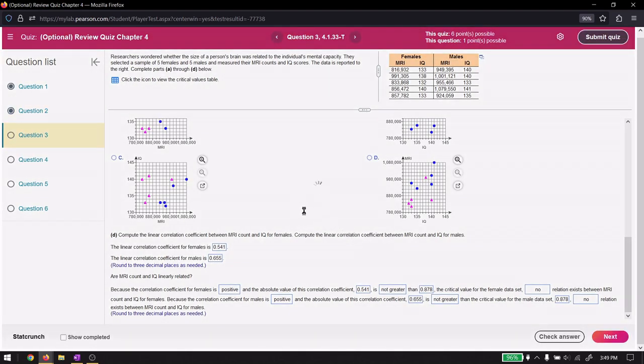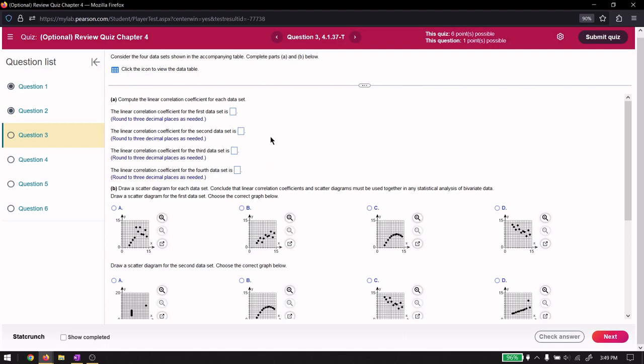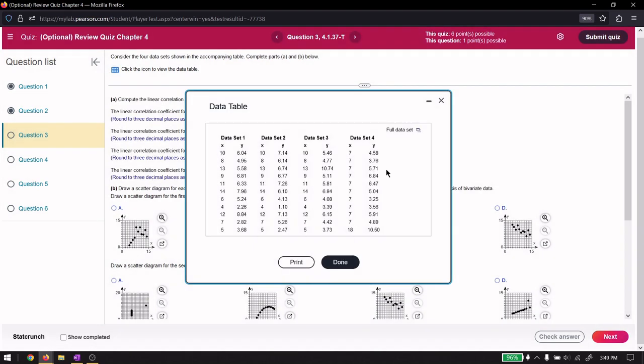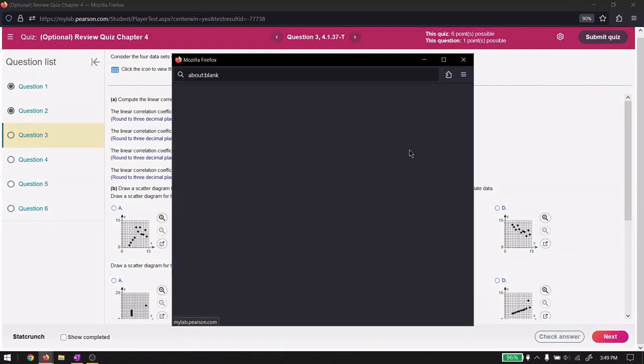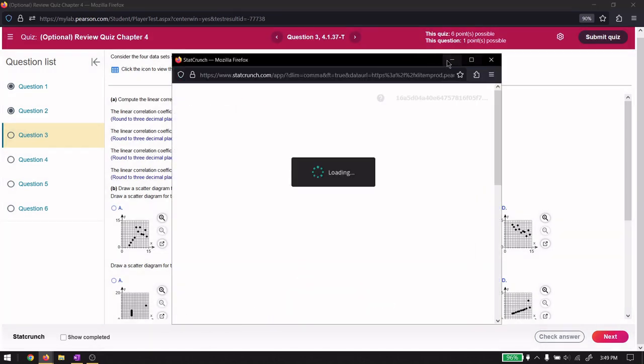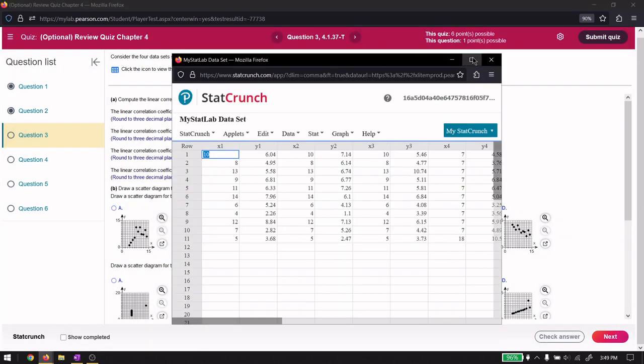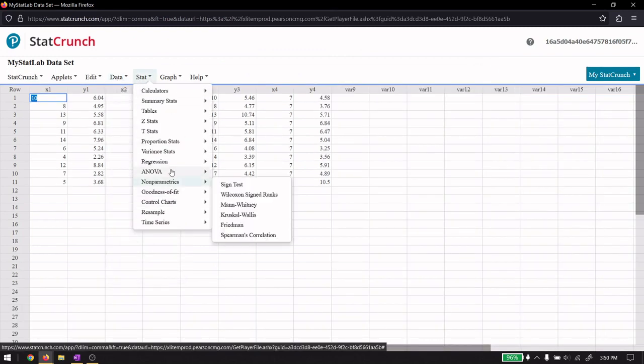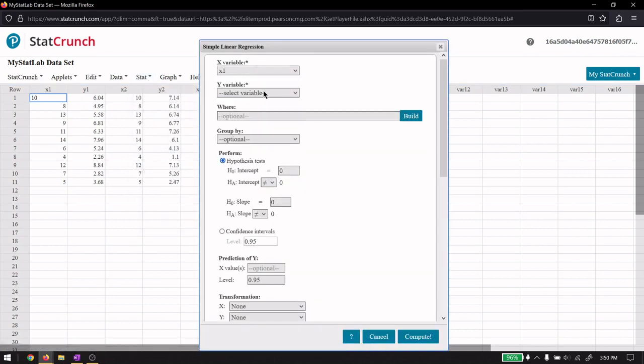All right, for question 3, we have 4 data sets, and we're asked to compute all the linear correlations and then graph them. So open these in StatCrunch. So let's do stats, regression, simple linear. Do each one individually, x1, y1, compute that.